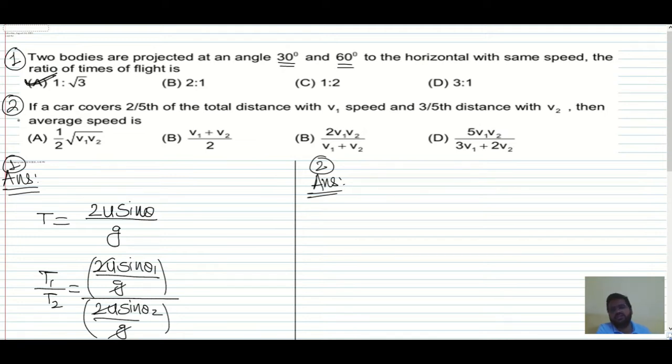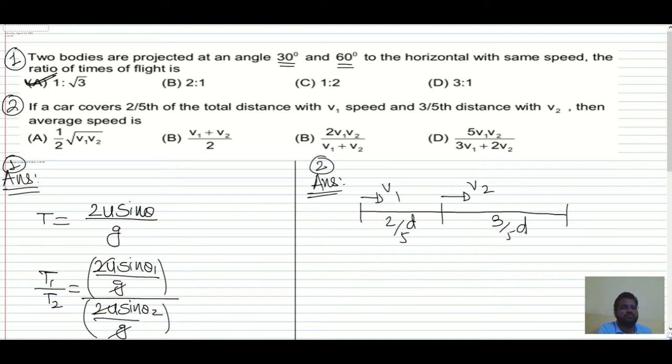Now the second one, if a car covers 2/5 of the total distance, right? So 2/5 of the total distance d with the speed v1, and 3/5 with the speed v2. We want average speed, so we know that average speed is equal to total distance d divided by total time.